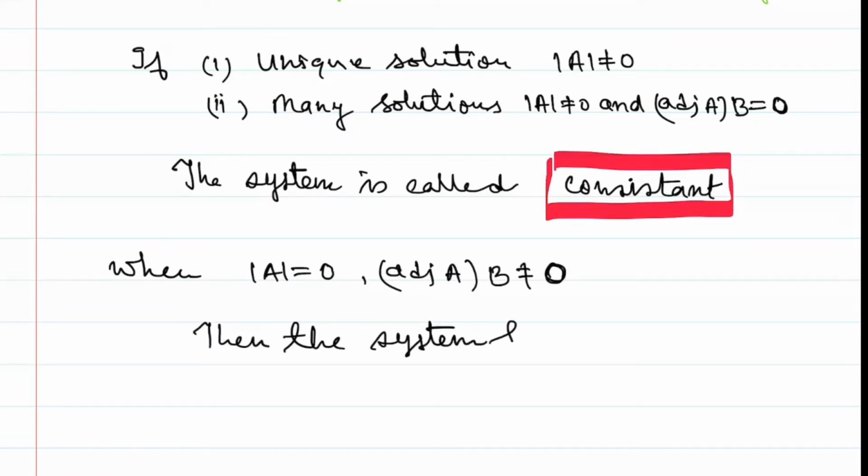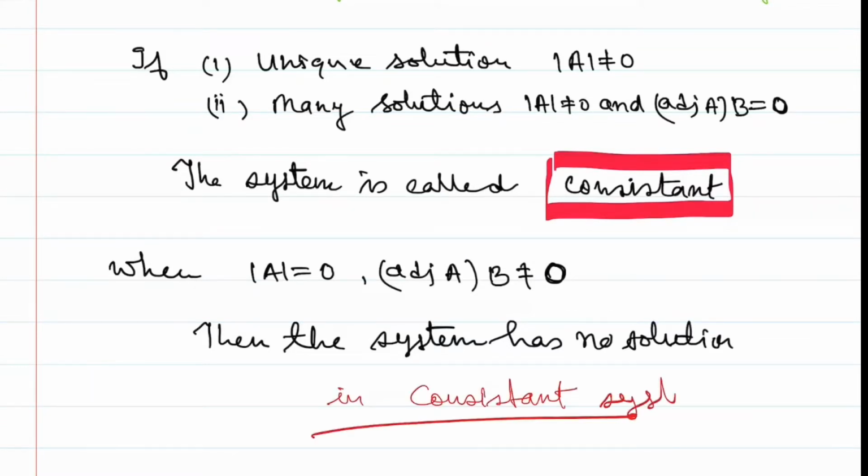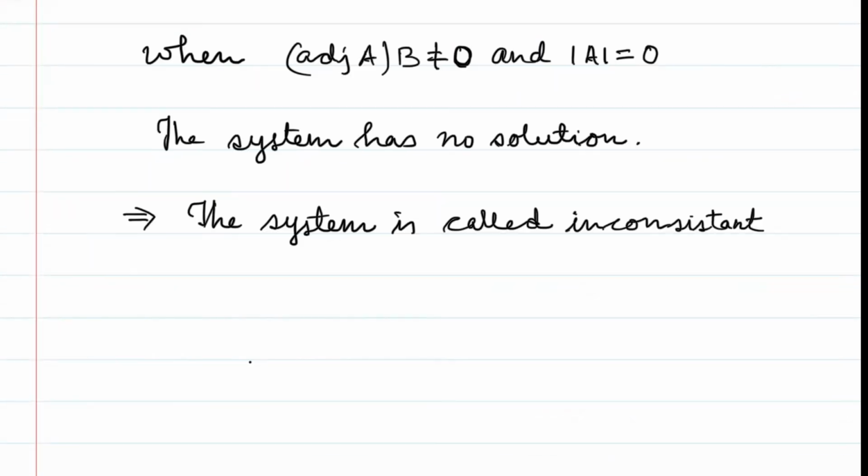That is, if a system has unique solution or many solutions, we can say the system is consistent, otherwise it is inconsistent. When determinant of A is 0 and adjoint of A into B is not equal to 0, in this case the system has no solution. It means that the system is inconsistent.